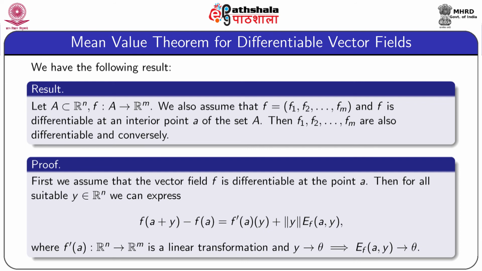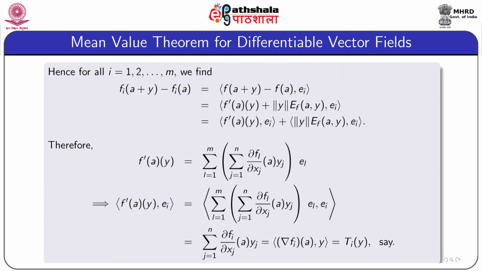We start the proof. First, we assume that the vector field F is differentiable at the point a. Then, for all suitable y in R^n, we can express F(a plus y) minus F(a) equals F'(a) operated on y plus norm y times E_F(a, y), where F'(a) from R^n to R^m is a linear transformation and as y tends to the 0 vector, E_F(a, y) tends to the corresponding 0 vector.